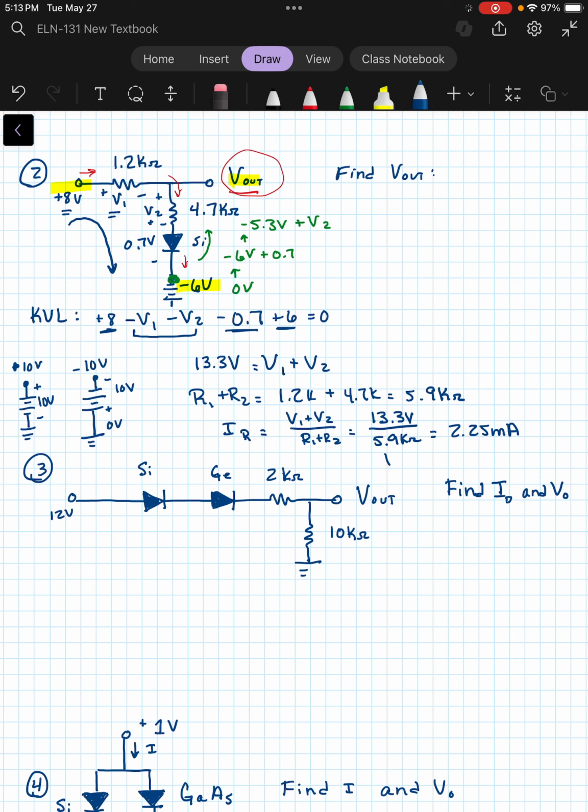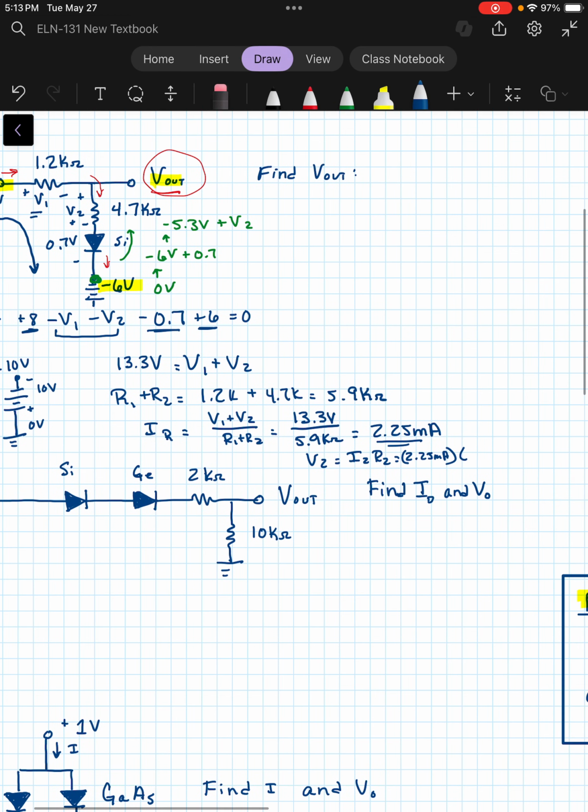Well, V2 is just the current through R2 times R2. And we already know that that current is 2.25 milliamps. And we know that we've got a 4.7 kiloohm resistor there. So that voltage drop, or voltage rise actually in this direction, would be about 10.6 volts.